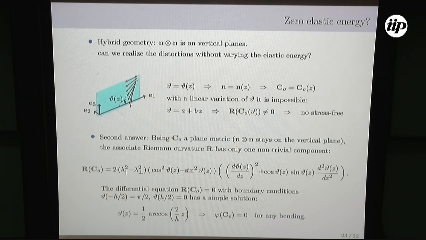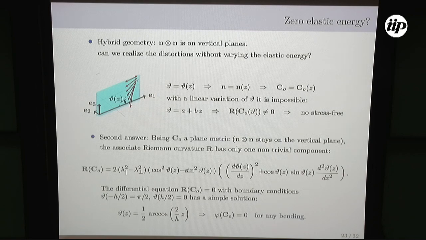So you have to solve just one equation, and this equation says that if the angle of variation along the vertical direction is this one, then the bending is stress-free for any configuration, whatever the energy is. So it does not care if the energy is Neo-Hookean or whatever it is, and how large is the change in the length of lambda parallel or lambda orthogonal.